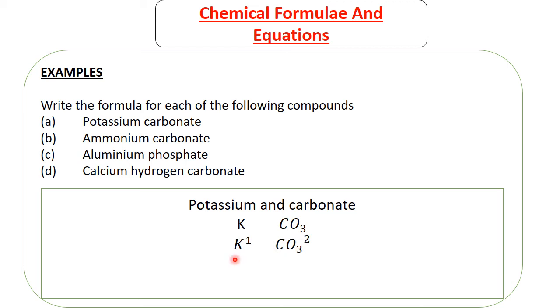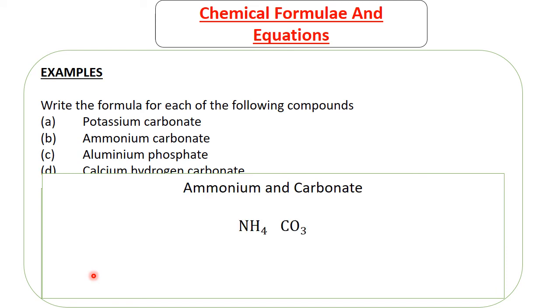The valence of potassium is 1 and the valence of carbonate is 2. So when we swap, this 1 comes here and this 2 comes here, we're going to have K2CO3. We could have put CO3 in brackets and 1 here, but 1 doesn't affect anything. So if it's 1, you can just forget it. So we have K2CO3, and this is the formula for potassium carbonate.